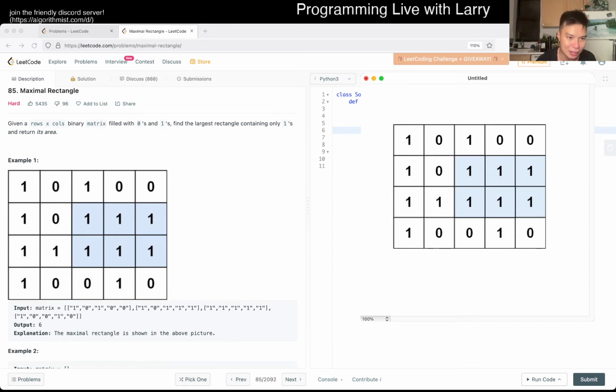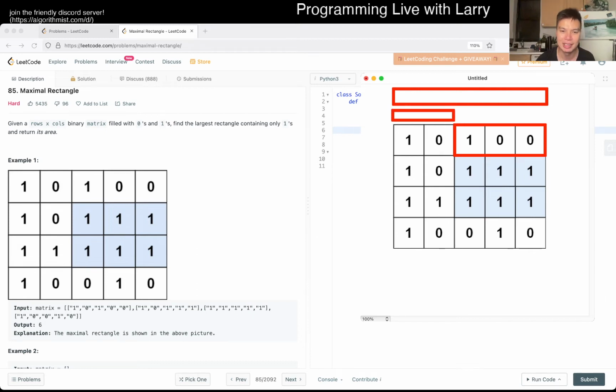Let me make this line a little thicker. Let's say you want to get the sum of this segment. Well, the sum of this segment is just equal to the sum of, I'm doing it on top, this segment minus this segment, right? So that's the idea behind prefix sum in a 10-20 second spiel.